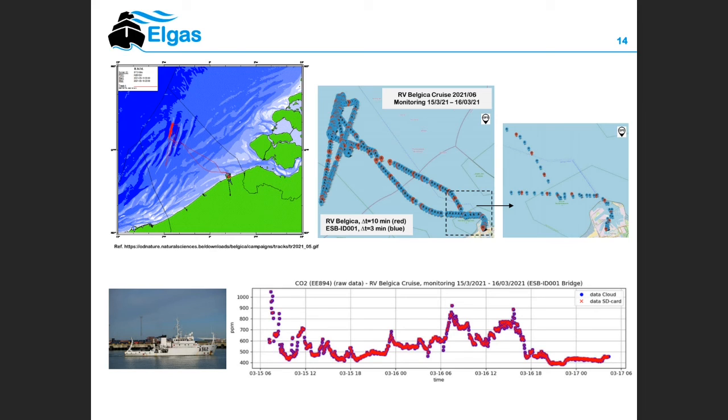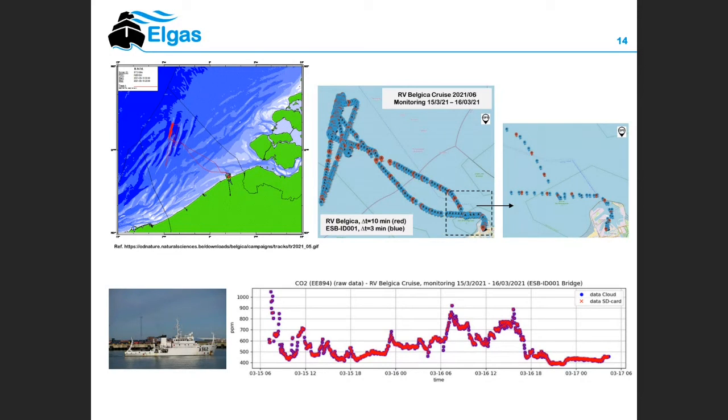This is a small example of one of the measurement campaigns that we have performed during the Elgas project. This is the measurement campaign of the Belgica in March of this year. On the top, you see the GPS data from the sensor box compared to the GPS of the Belgica.